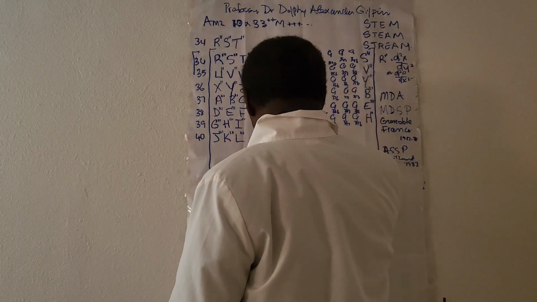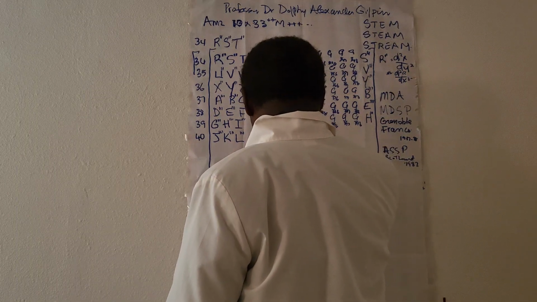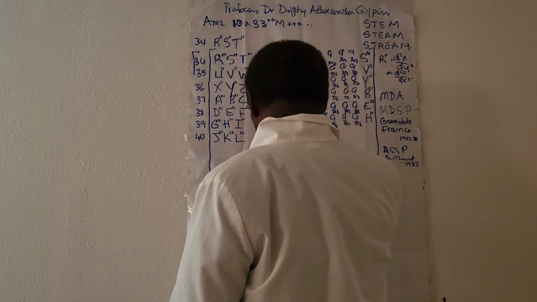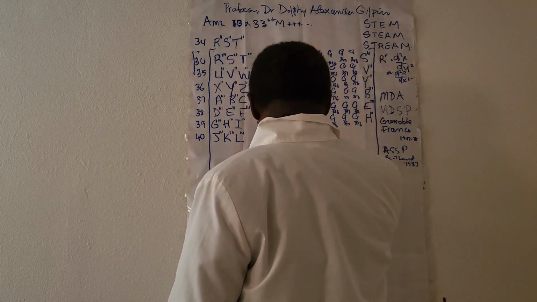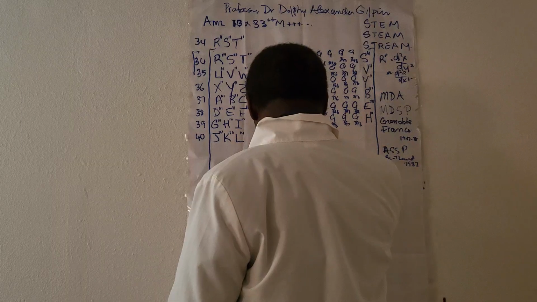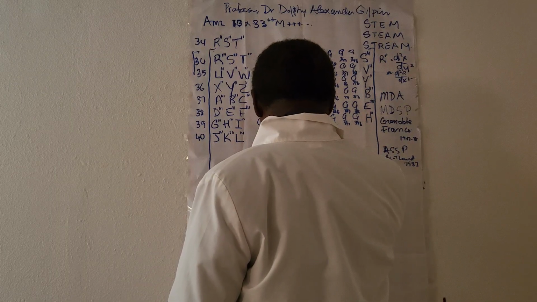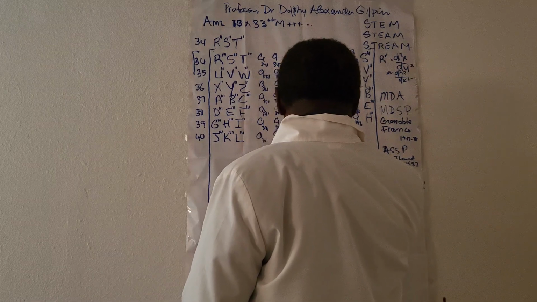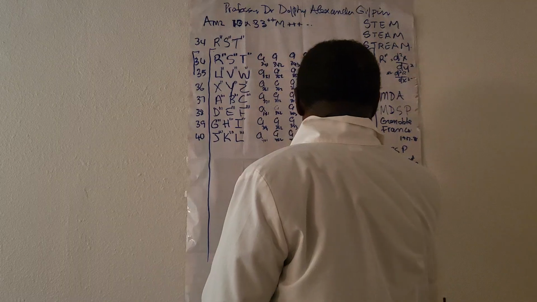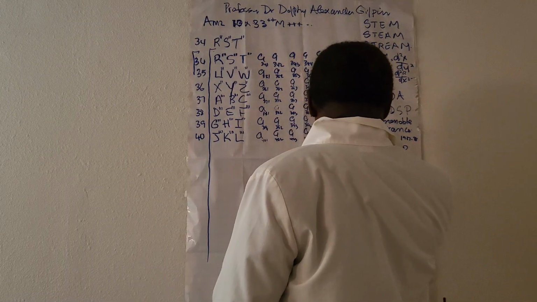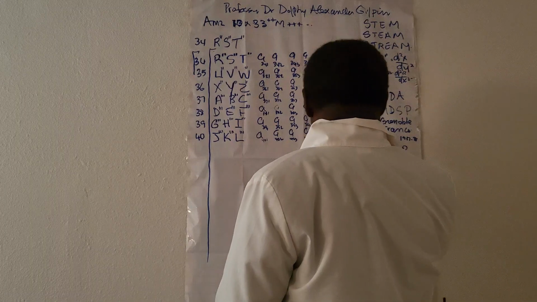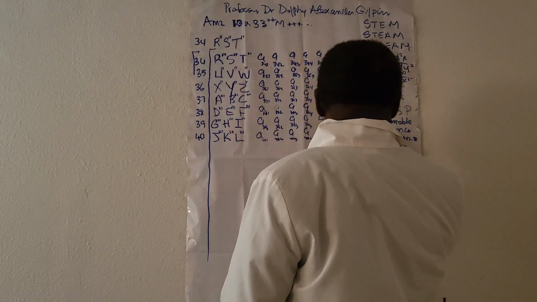Okay, 40. So we have A41, and A42, and A43, A44, A45, A46, A47, and A48, and this now is K triple dash.